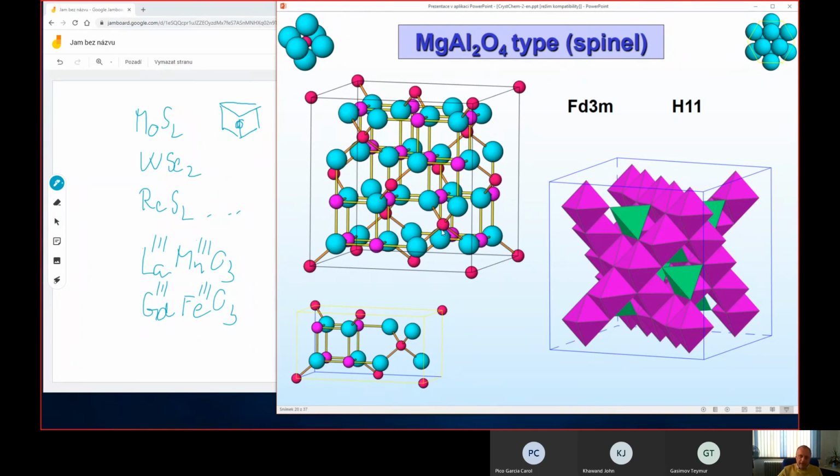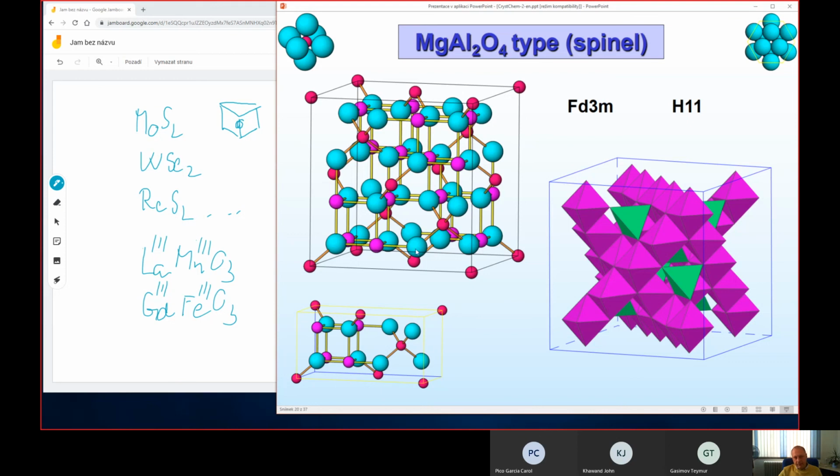And the structure can also be interpreted as consisting of this type of octants. So we have one octant occupied by atoms in octahedral positions. The purple atoms are in octahedral positions, and in the octant next to it only the tetrahedral position is occupied.